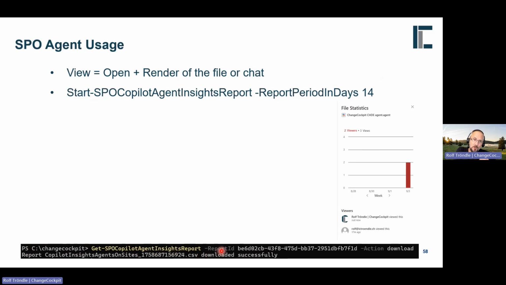But ensure you see in which directory it will be downloaded: the same directory where you have been in PowerShell when you entered Start-SPOCopilotAgentInsightsReport. That's quite interesting to know. So perhaps just memorize where you entered the start PowerShell command, because when you get the report with action download, it will be downloaded in the same directory.